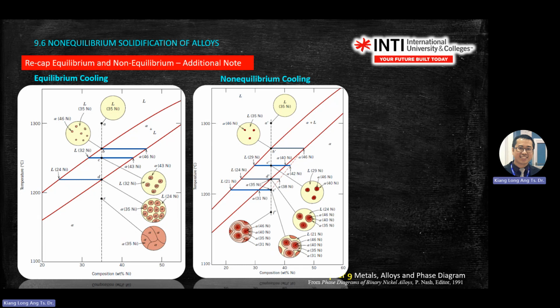Because at point B temperature, T1, the particle or the chicken pox formed has this solid percentage. This side is solid, right? So you drop down, you get 46. So the challenging part is writing the percentage of the chicken pox. So the first diagram: alpha bracket 46% nickel.